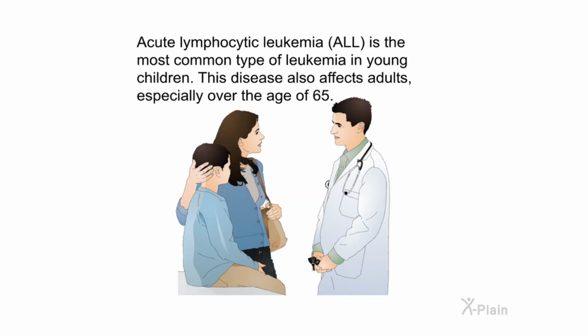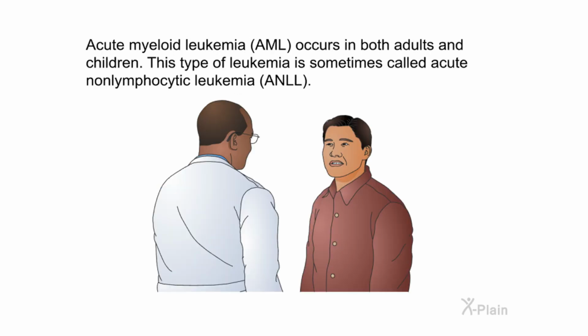Acute lymphocytic leukemia, ALL, is the most common type of leukemia in young children. This disease also affects adults, especially over the age of 65. Acute myeloid leukemia, AML, occurs in both adults and children. This type of leukemia is sometimes called acute non-lymphocytic leukemia, ANLL.